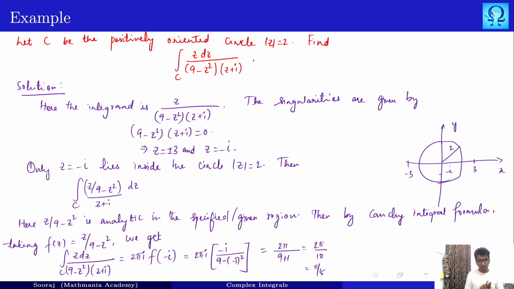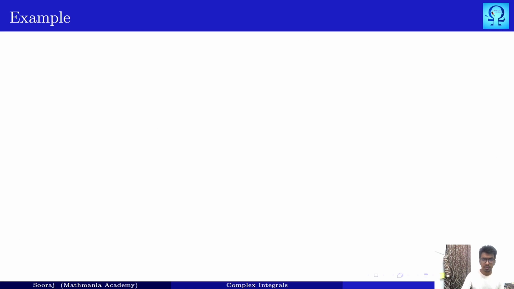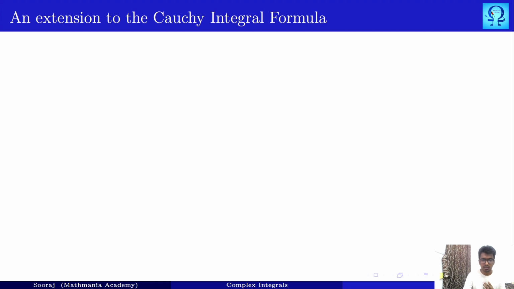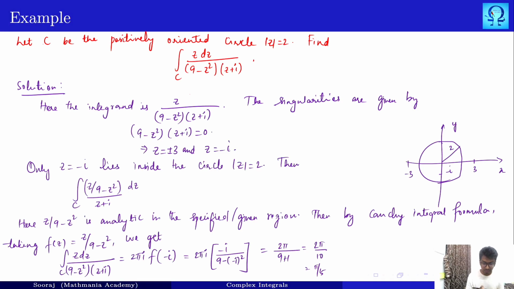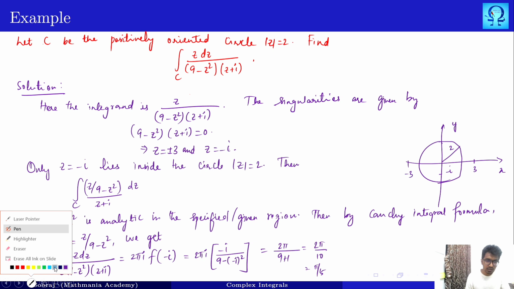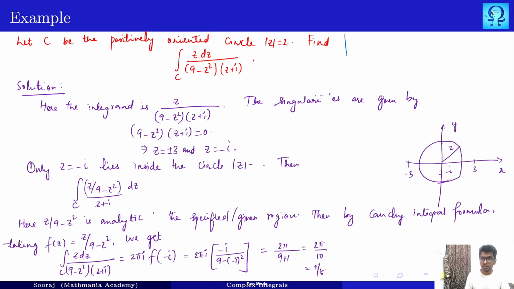Okay, I told you that I will tell you when and how to make use of this integral formula to evaluate the integrals. The next slide is devoted to discussing the extension, but I'll tell you one more idea as well. This is not specified here, but I'll give it in a short way.